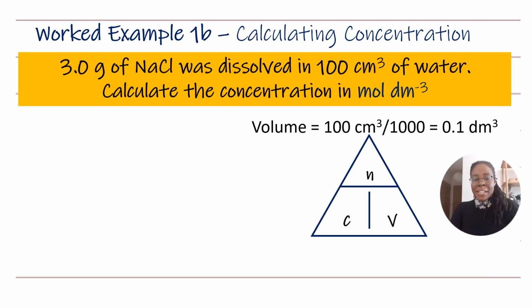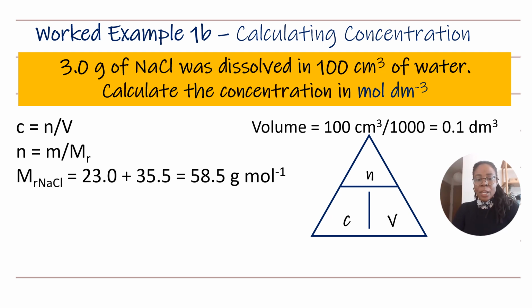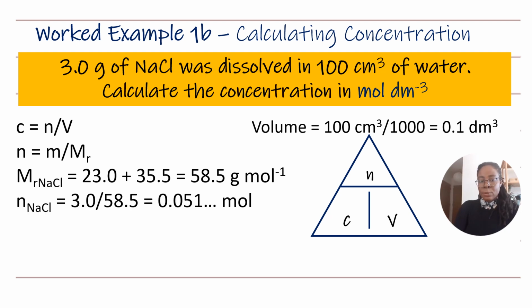For part B of that same question, if we wanted to instead calculate the concentration in moles per decimeter cubed, we still need to make sure that our volume is in the correct units. We find our moles as mass over MR, mass being 3.0 grams of sodium chloride, and the MR of sodium chloride calculated as 58.5 from the periodic table.